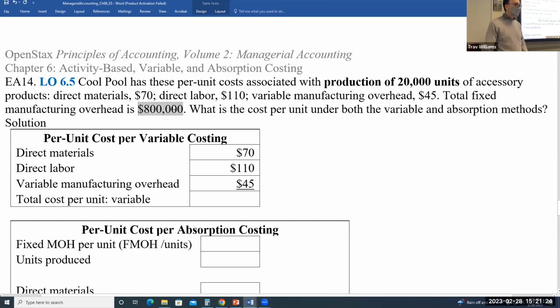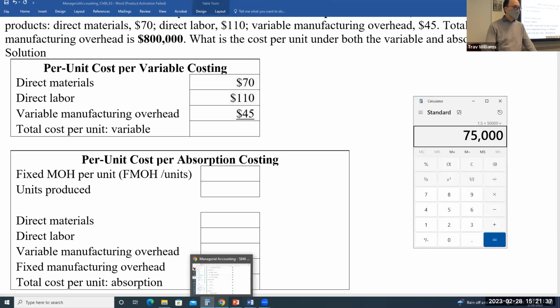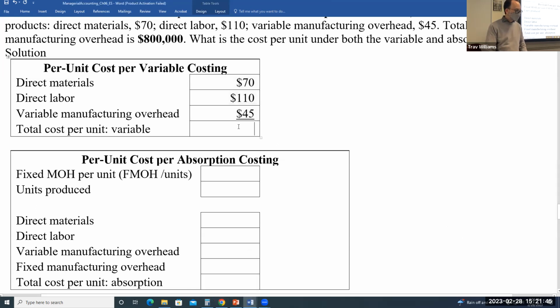Fixed manufacturing overhead is 800,000, but we don't need that for variable costing, so we'll come back to that. So our per unit cost with variable costing is simply the addition, right? $225 is the variable cost per unit.